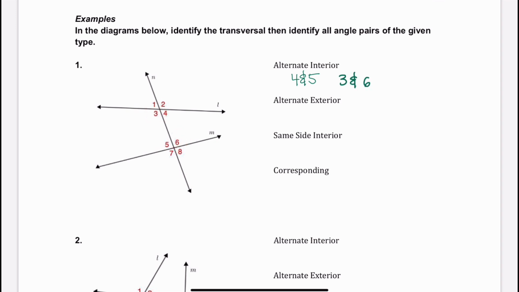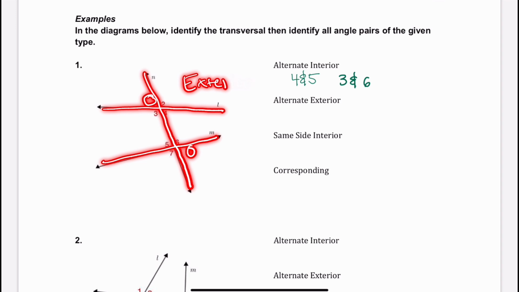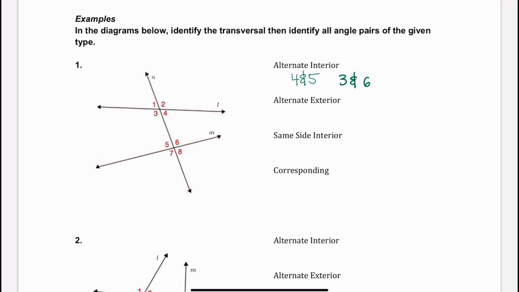Alternate exterior, if I have my two lines here and here's the transversal, we'll be alternating sides on the exterior. So 1 and 8 would be one example, and 2 and 7 would be another.